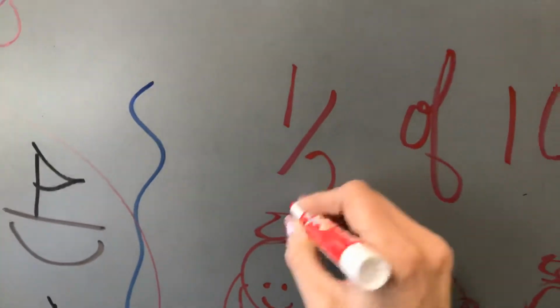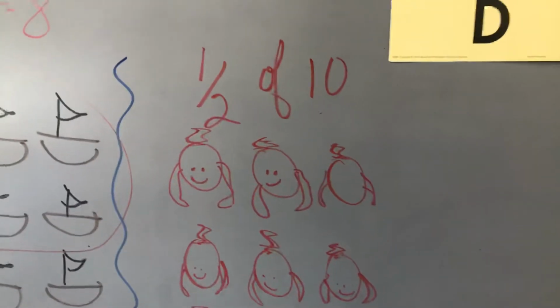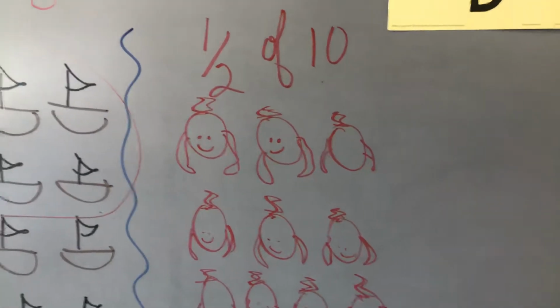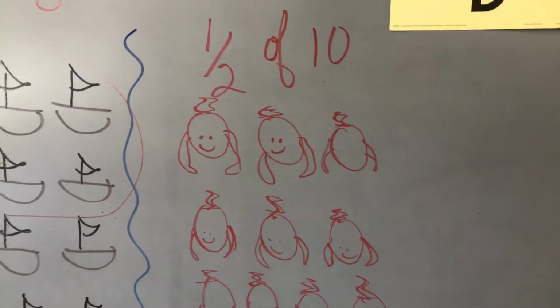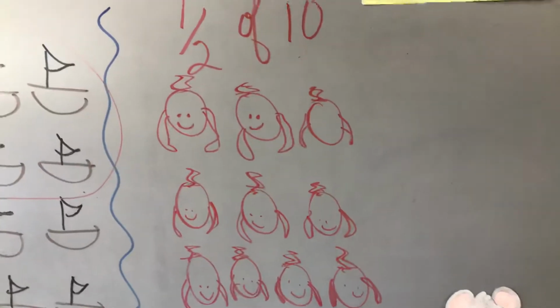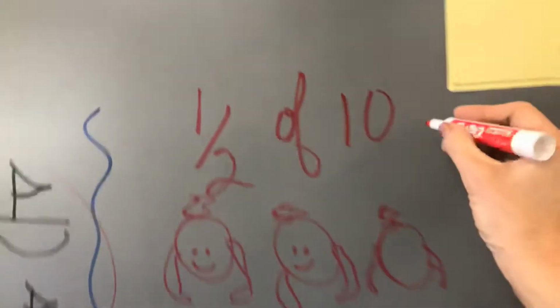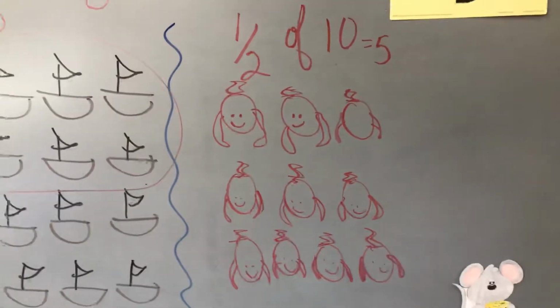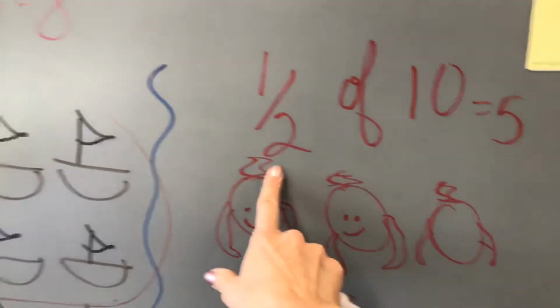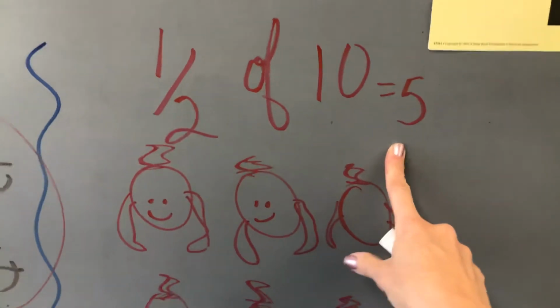And again, they want to find 1/2. How can I figure that out? You should be able to tell me. Count by 2s until you get to 10. 2, 4, 6, 8, 10. And I had to count 5 times by 2s to get to 10. So that means I'm going to have 2 groups, and there will be 5 in each group.